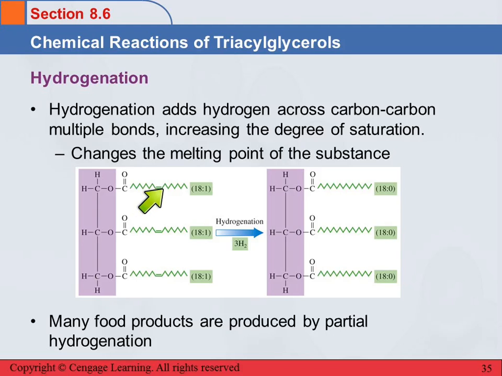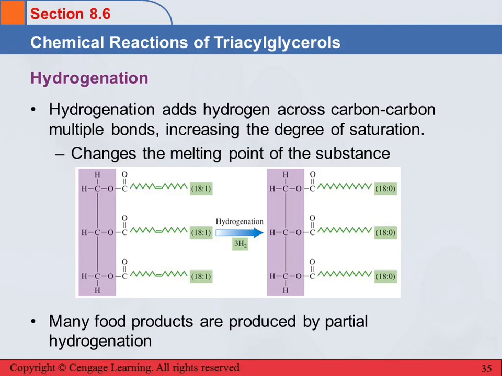If the conditions are right for hydrogenation, one hydrogen molecule will add across that double bond and the double bond goes away. This is another one, and so it can hydrogenate all of those double bonds. Now we have something that is saturated. That's going to affect the melting point of the substance.